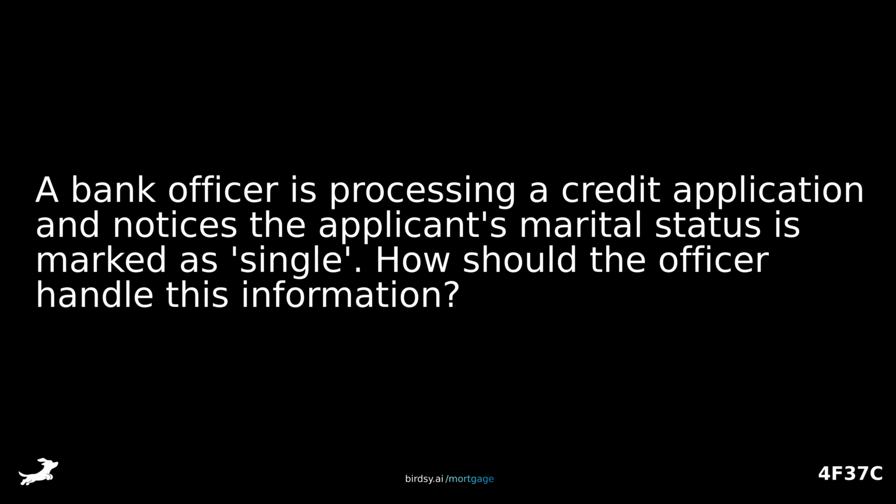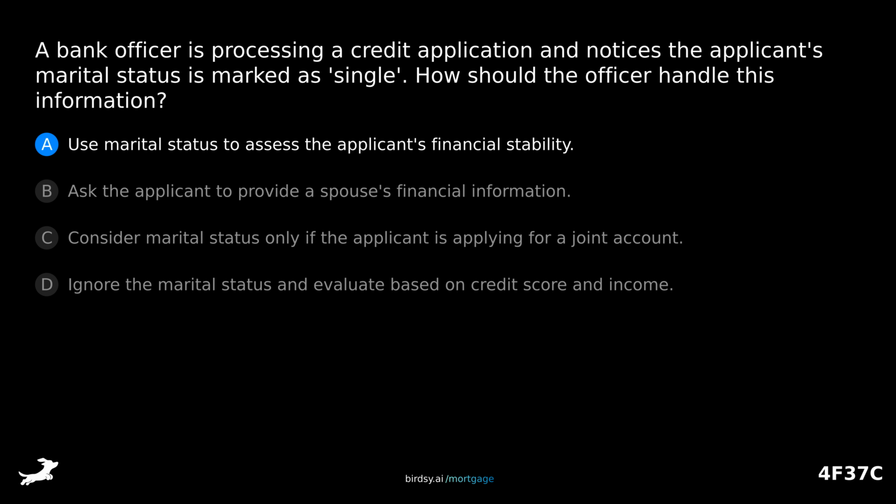A bank officer is processing a credit application and notices the applicant's marital status is marked as single. How should the officer handle this information? Is it A. Use marital status to assess the applicant's financial stability? B. Ask the applicant to provide a spouse's financial information? C. Consider marital status only if the applicant is applying for a joint account?